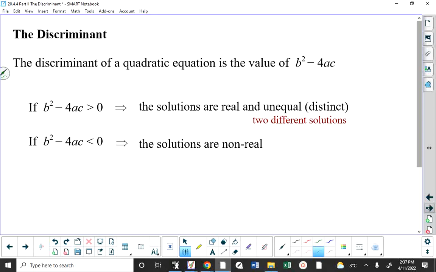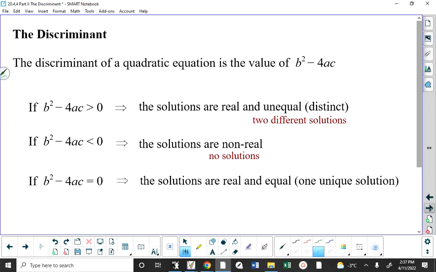If the discriminant is less than 0, here's what the math people say. The 2 solutions are not real. What do we say? There are no solutions. If the discriminant is equal to 0, we say the solutions are real, and there's two solutions, but they're the same solution.